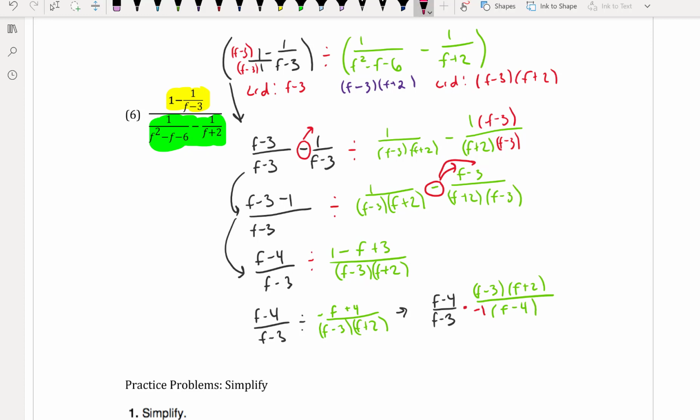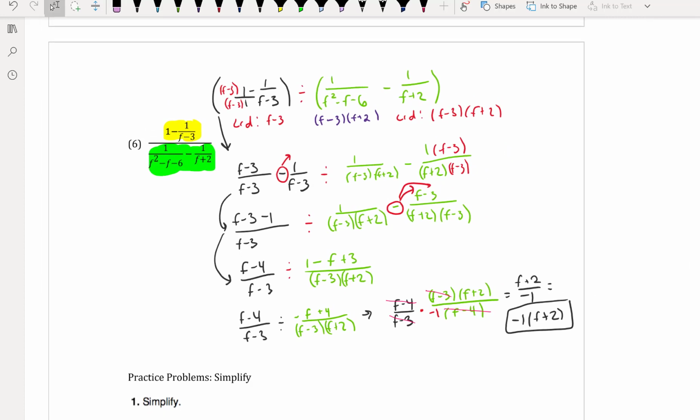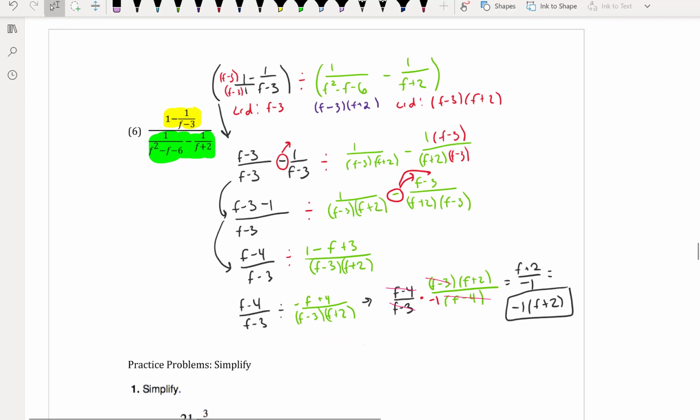So when I cross cancel, the f minus 4 cancels out, and the f minus 3 cancels out. So I'm left with f plus 2 over negative 1, which would be the same as saying negative 1 times my f plus 2 as your final answer. Okay? So that's it for number 6.